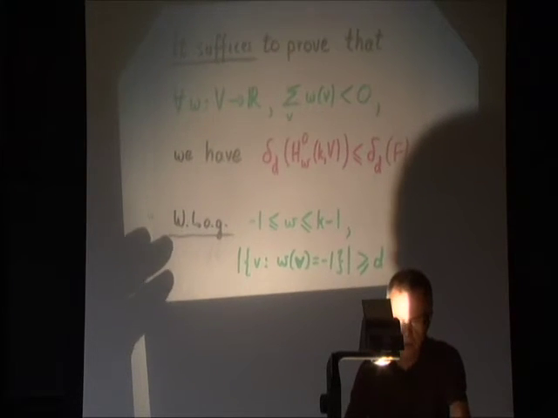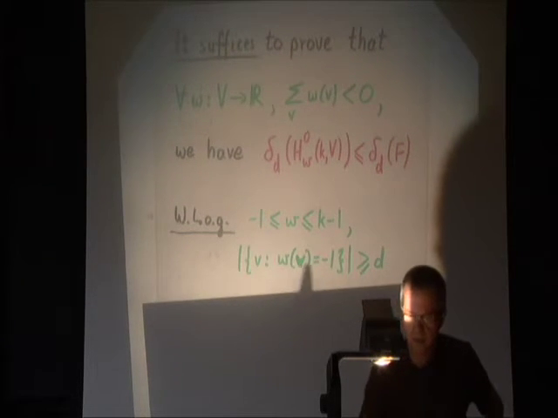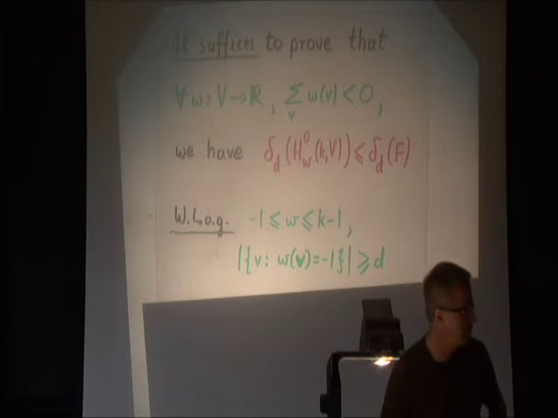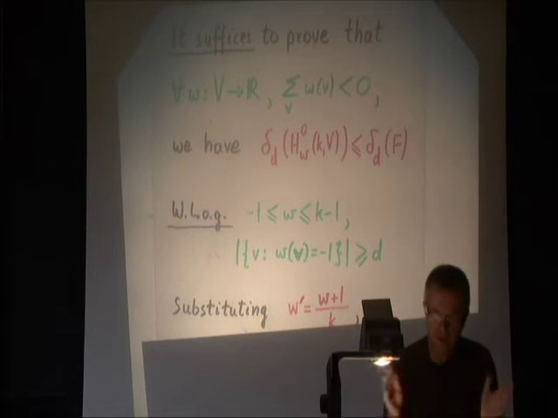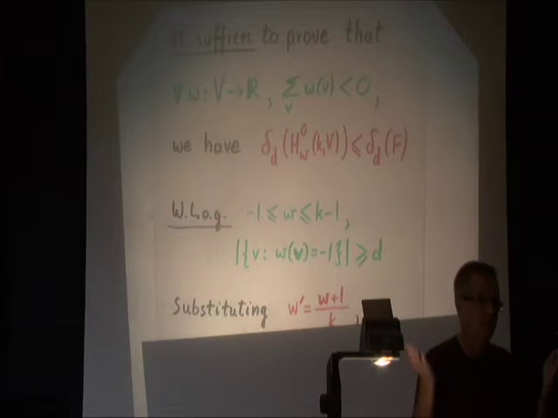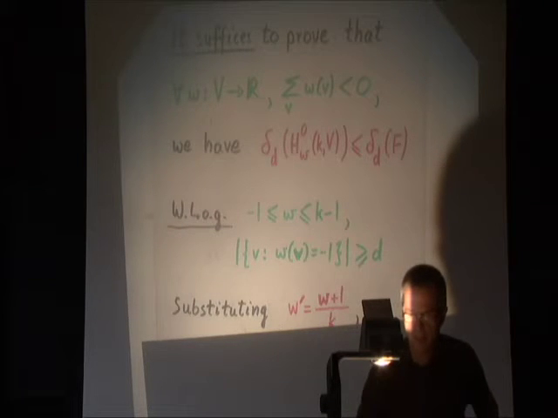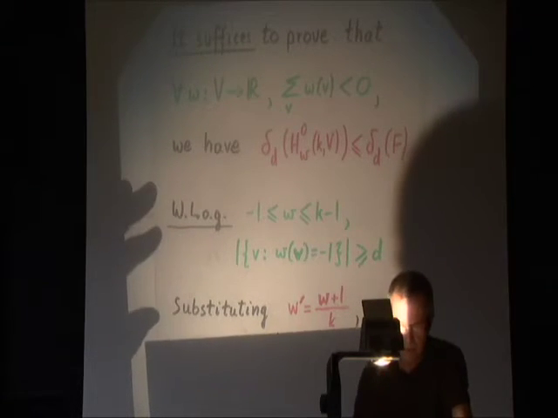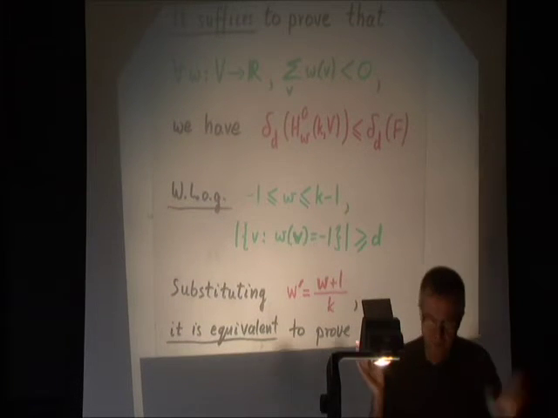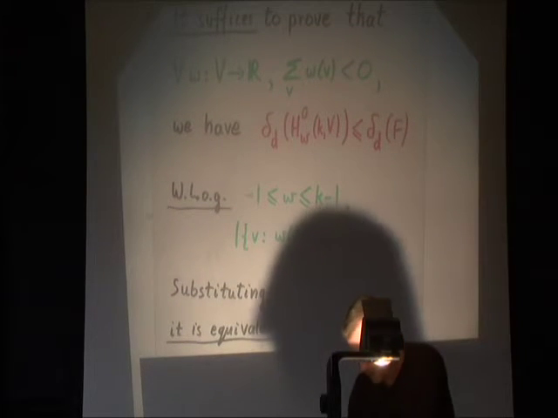So we have not only this range, but also that this lower bound is achieved by at least d vertices. The d lowest are all -1. Then we still shift it a bit because I don't like the range -1 to k. Let's make it 0 to 1. So we just add 1 and divide by k, and we are in the 0, 1 range as we like to be. It's just for simplicity, nothing else.